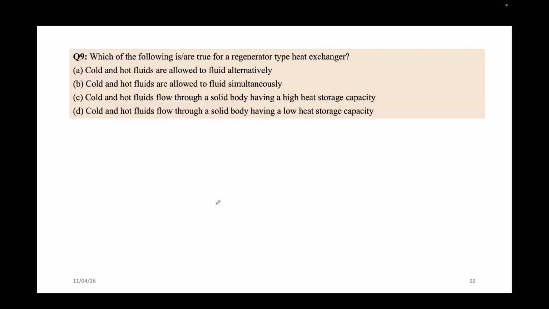Okay. So if I talk about a regenerator, previously I discussed the recuperative heat exchanger.